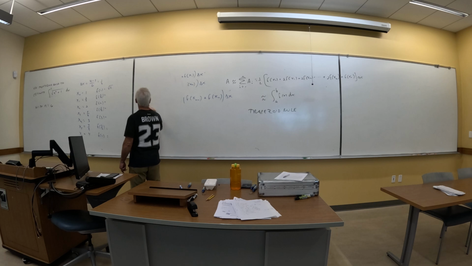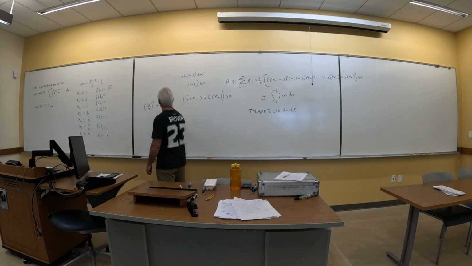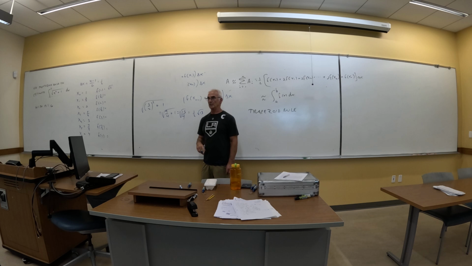I'm going to have 3/2 squared plus 1. Agreed? That's what's going under the root. Well, that would be 9/4 plus 1, which is 13/4. Therefore, the root of this is the root of 13/4, which would be 1/2 root 13. That's absolutely correct. What's 13/4 as a decimal?